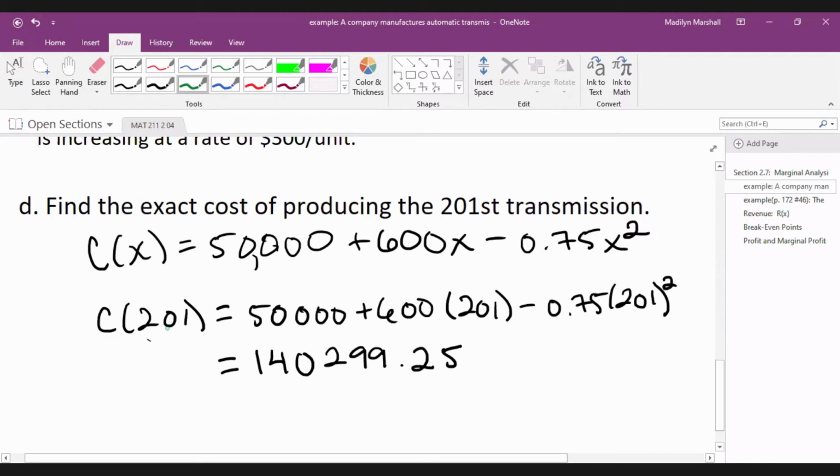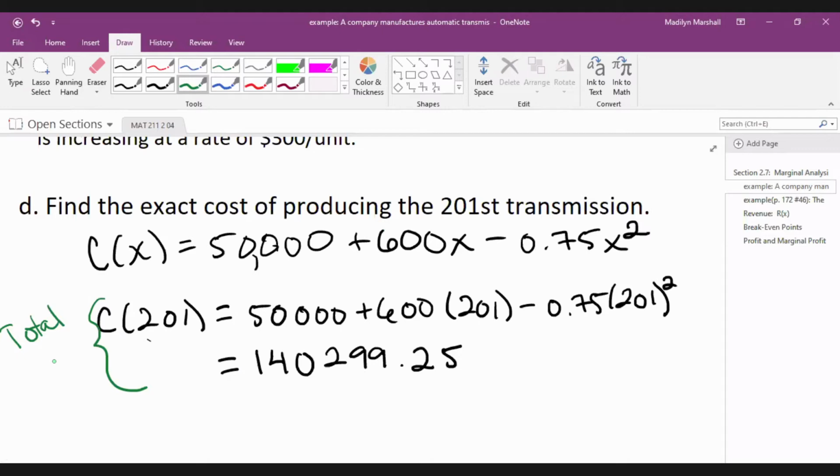What is this C of 201 actually telling us? The total cost for 201 transmissions. Exactly. So divide that by 201. Not quite, because we know from our marginal cost that not every transmission is costing the same amount to make.